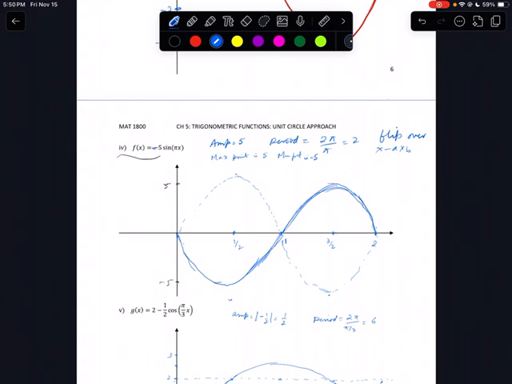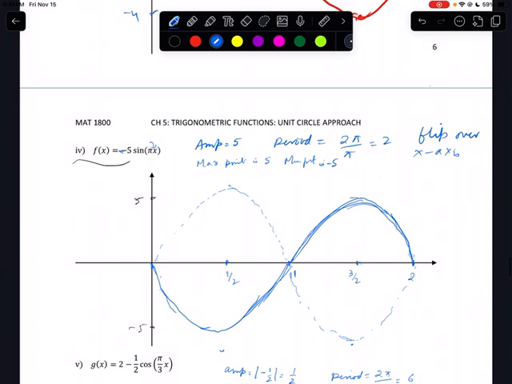If the negative sign is inside, multiplied with x, that would mean flip over the y-axis. Now we notice that in this case the amplitude is 5, the period will be 2 pi over pi, because the pi is being multiplied with x inside, so the period becomes 2.